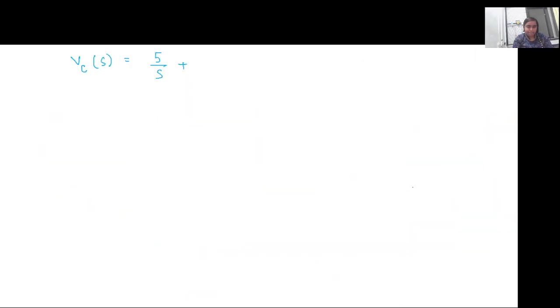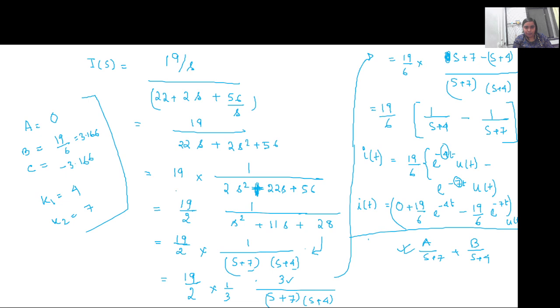So it will be 56 by S into I of S. Now we already have I of S, so we can just plug in the value 56 by S. I will write S like this, sorry. So I of S, I think the best option would be to put this particular expression. Let me highlight it.